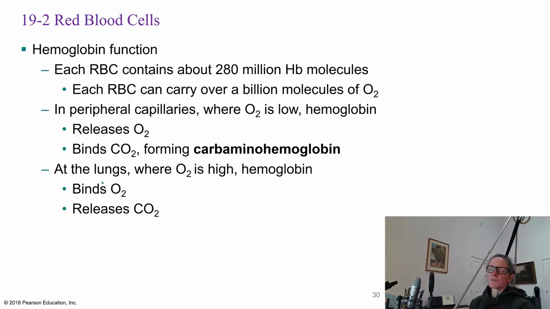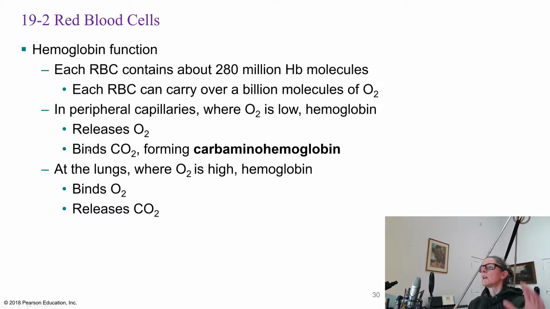Now, one of the things that's important to note that we'll get to in a lot more detail in the respiratory section is while red blood cells love to carry oxygen, they don't have as much of an affinity for carbon dioxide. We'll see that we have 3 ways of transporting carbon dioxide in blood, and one of the major ways is dissolved as carbonic acid. So we'll look at that in more detail a little bit later.